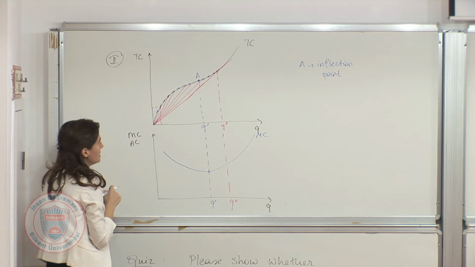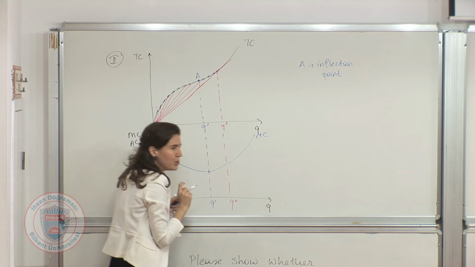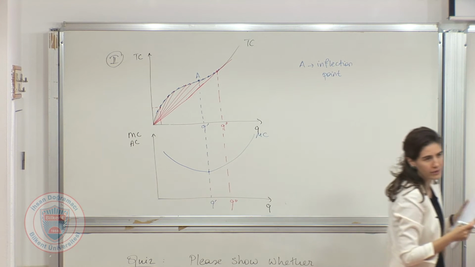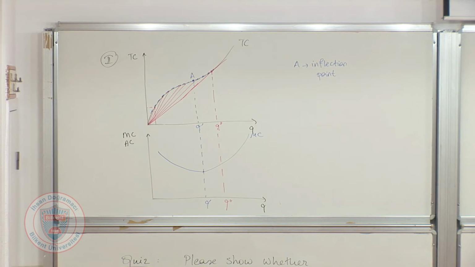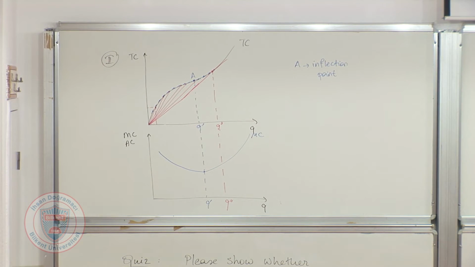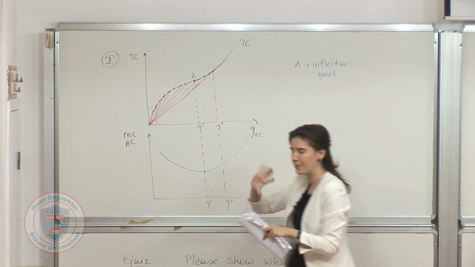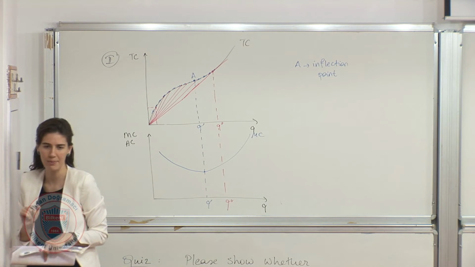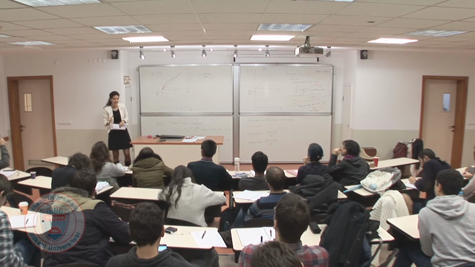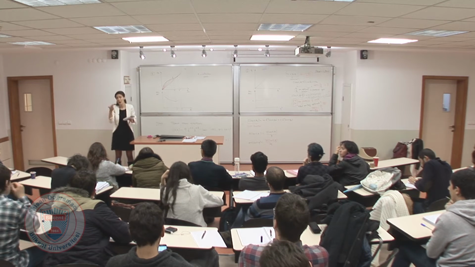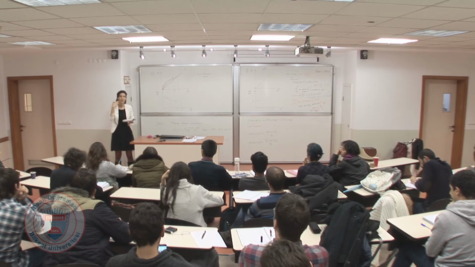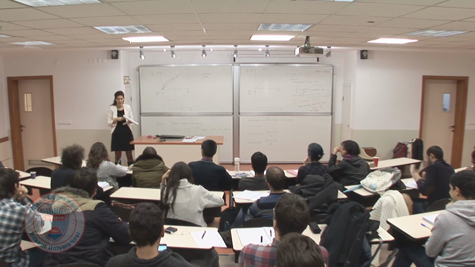Then you said that, hocam, how shall I draw my average cost curve? Remember our discussion with the average product and marginal product. In order to draw averages and marginals, remember there was this relationship between them. What was it? When marginal is below the average, what's happening to the average?